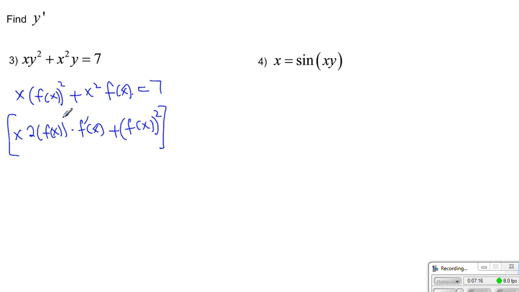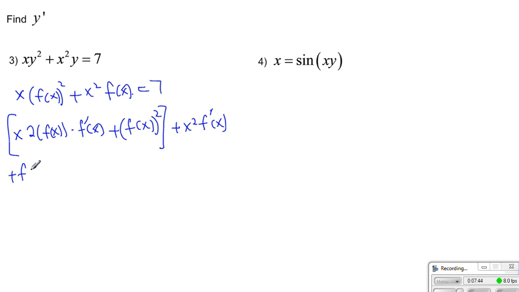So this portion is the derivative of the first term. Now the second term will be plus x squared times the derivative of f, which becomes simply f prime of x.